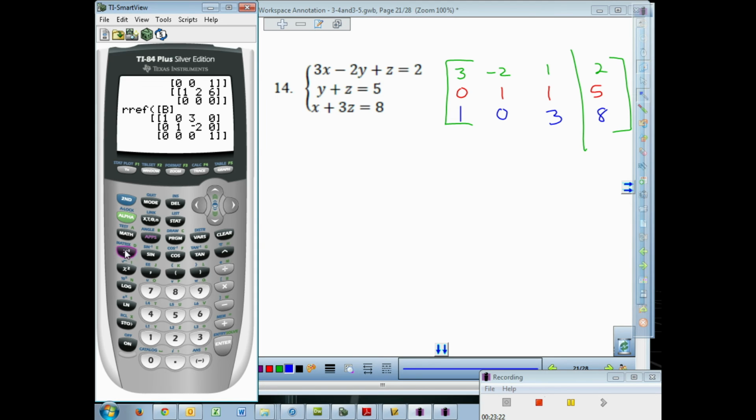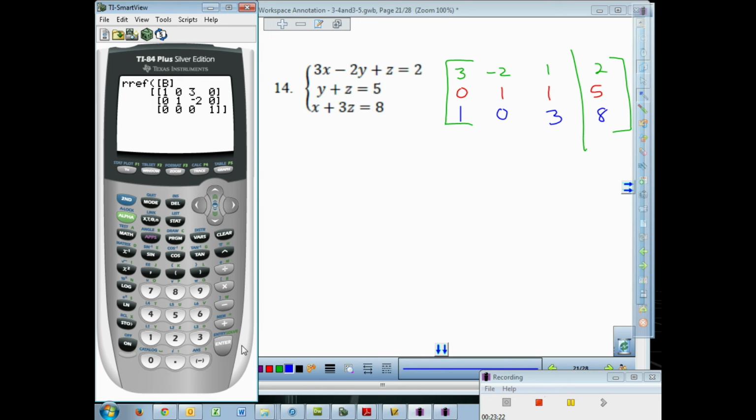So second matrix, edit. Wrong one. Second matrix, edit. Choice B. Second quit.